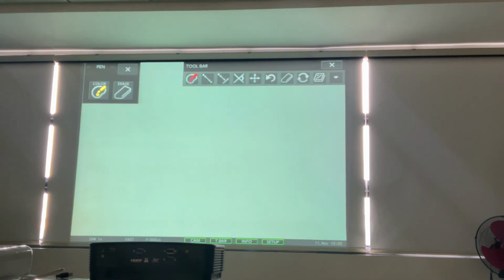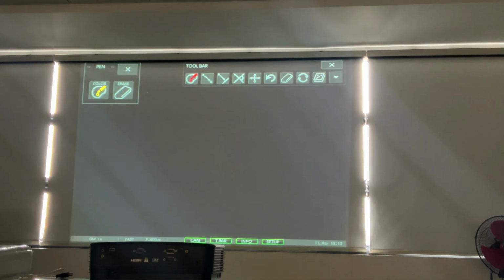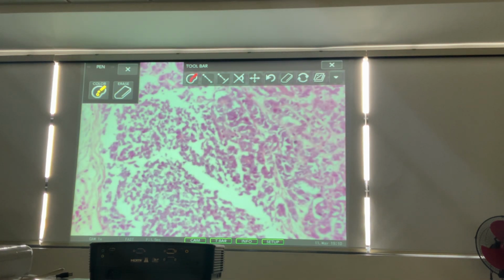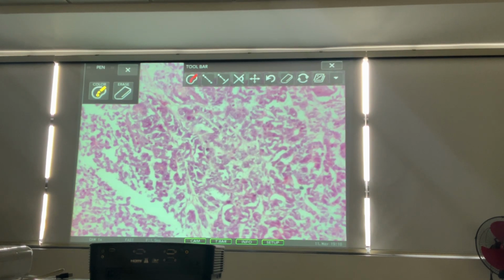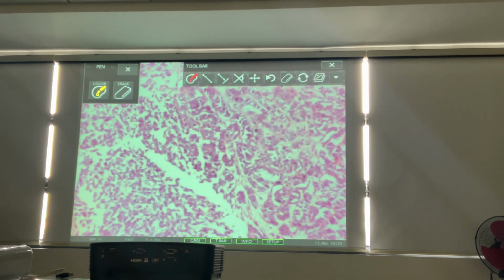We look at this other slide. Okay, this one will have again your blastema, and then if you notice, this one, primitive renal tubular structures.